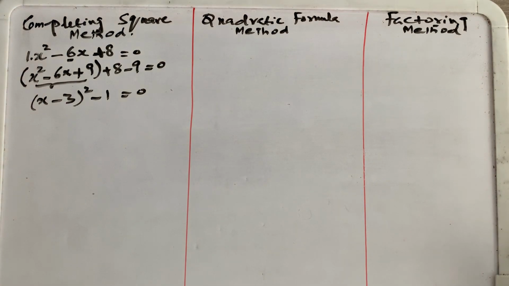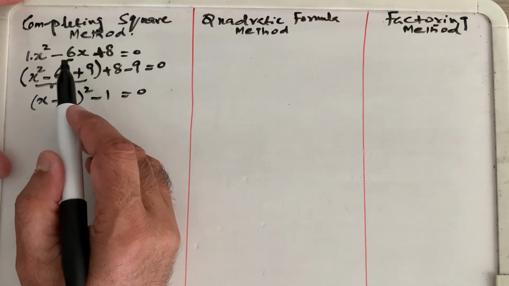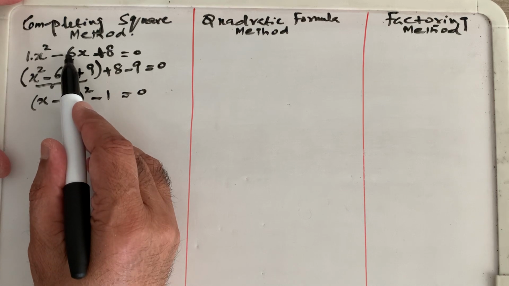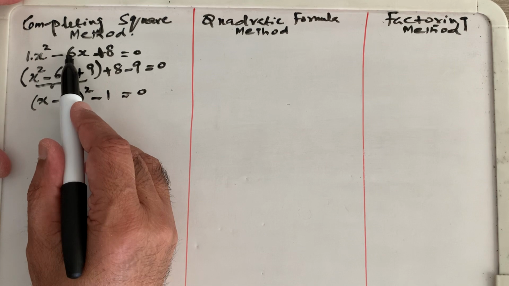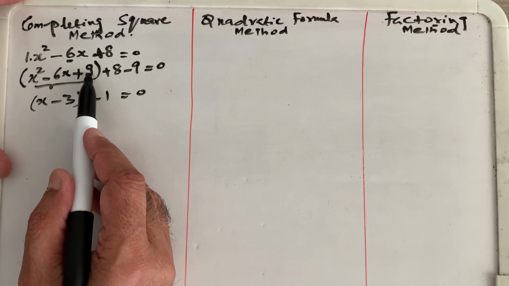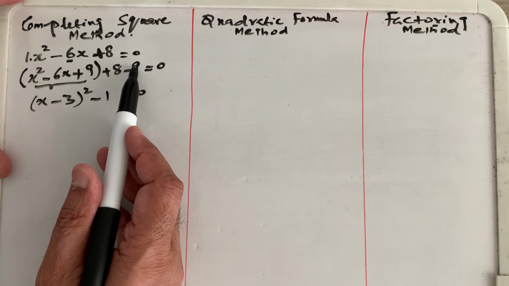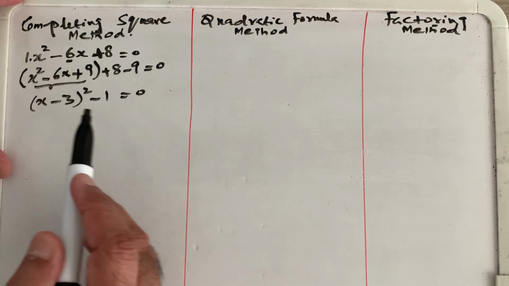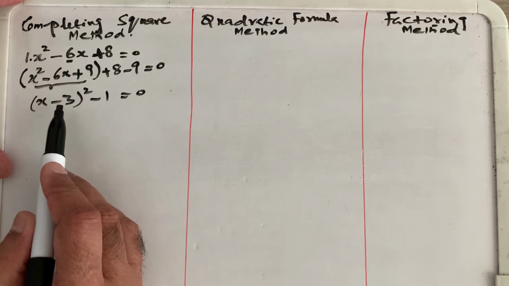And second, rewrite the equation by adding half of the x coefficient, squared. Always make half of it and square it. That needs to be added, and if you add that, you have to subtract that as well. Then you have a perfect square.